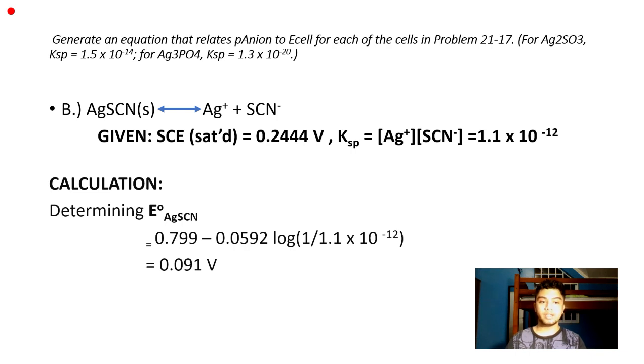The given is the saturated SCE at 0.2444 volts and the Ksp. Now, this is the time that we will be using the equation for finding the E indicator, which is the standard electrode potential minus 0.0592 over n times the logarithm of 1 over Ksp.